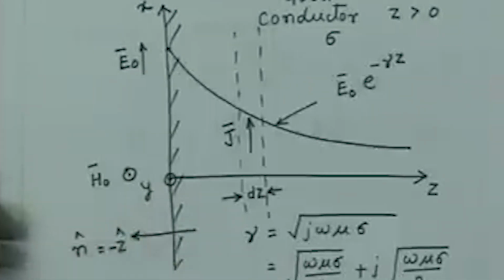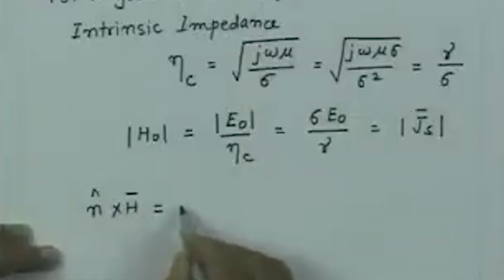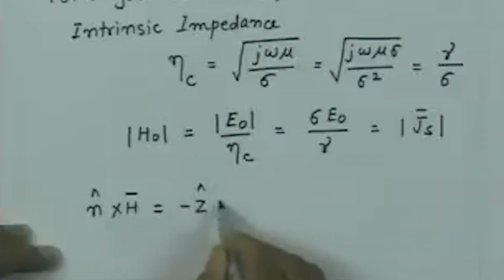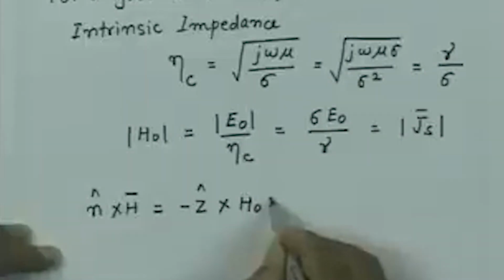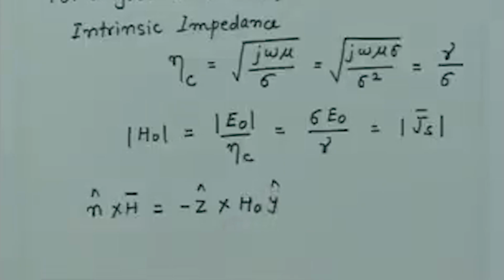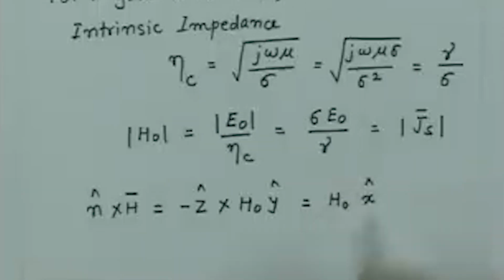So, if I calculate n cross H, where H is oriented in y direction, I will get the orientation of the surface current from here. So, n cross H will be minus z cross magnitude of the magnetic field, and it is oriented in y direction. So, this is y. So, that is equal to H0 into x direction.